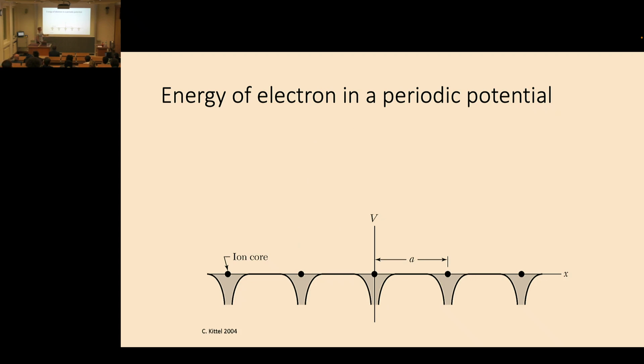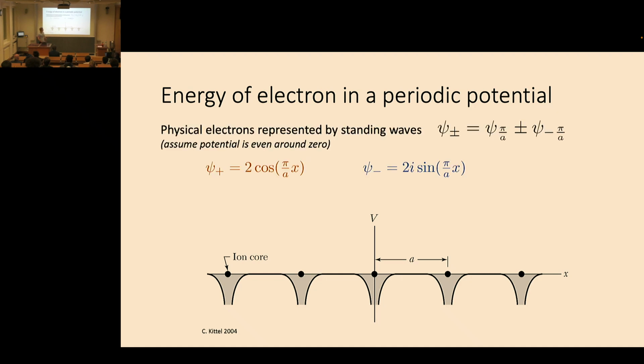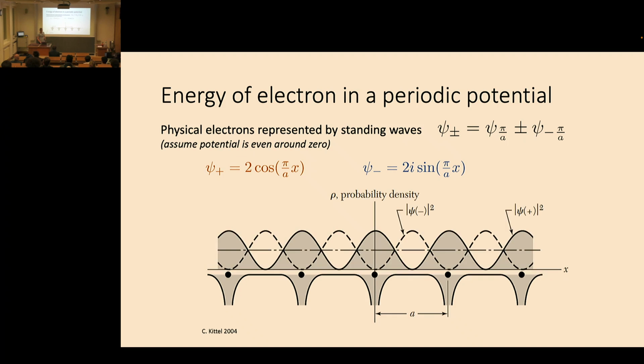So if we now have this sort of potential, where the potential drops around the ions, and we take the standing wave solutions and plot them, we're going to see that one standing wave piles charge on the positively charged ions, and the other one piles charge away from the ions. So clearly, in the first case, we're going to have a lower Coulomb energy, which means that this state in general is going to have a lower energy.